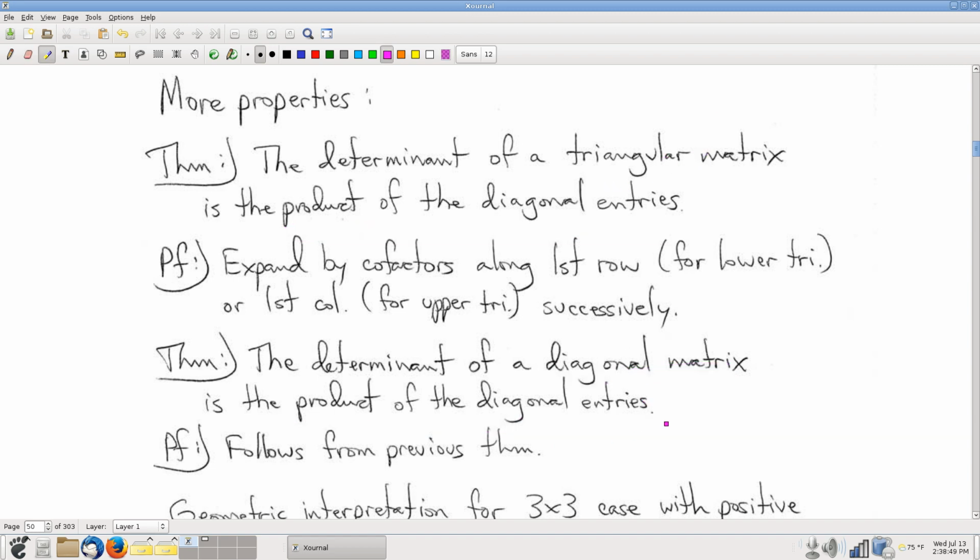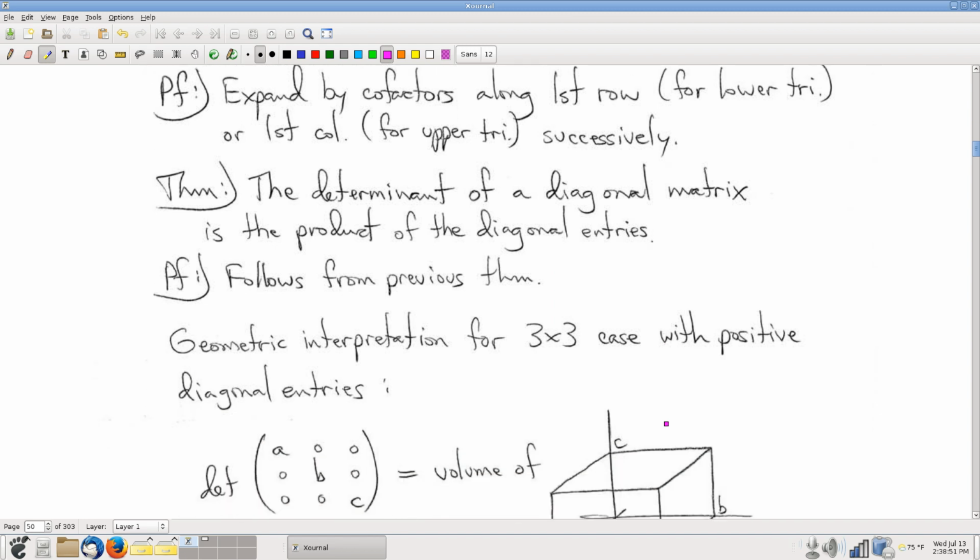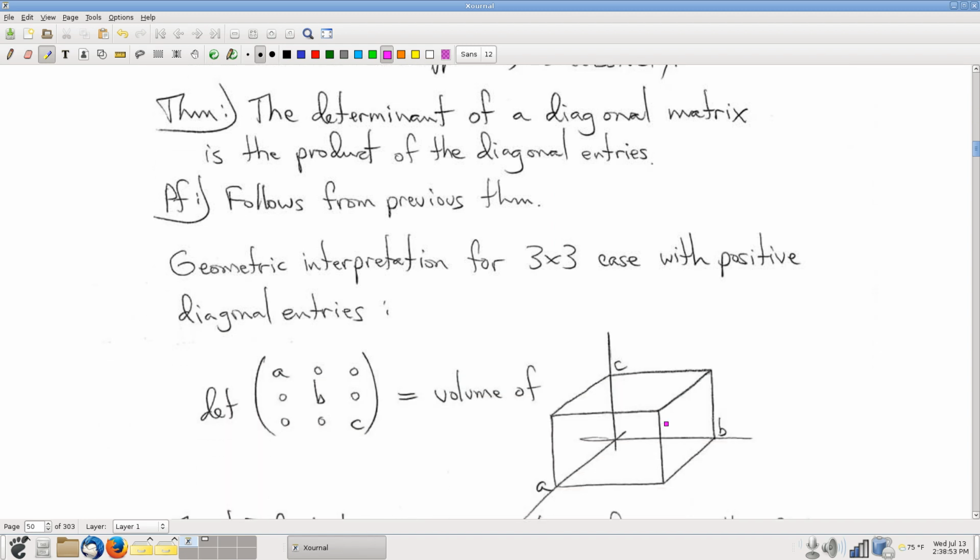Now, there's a geometric point of view you can take on this second theorem, thinking of a diagonal matrix. Let's think about the 3 by 3 case with positive diagonal entries.